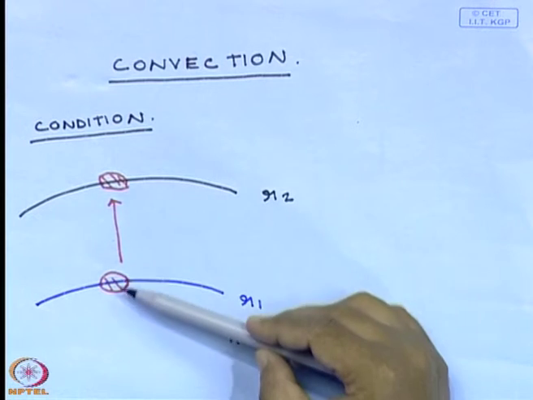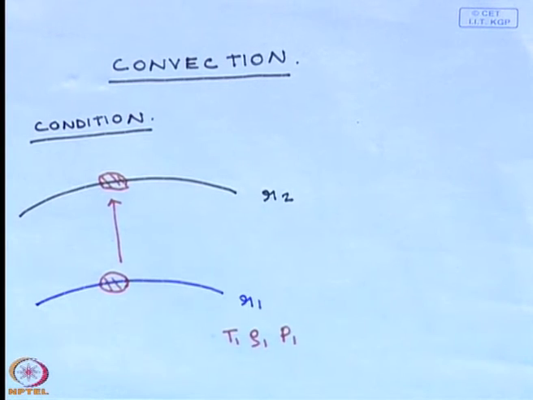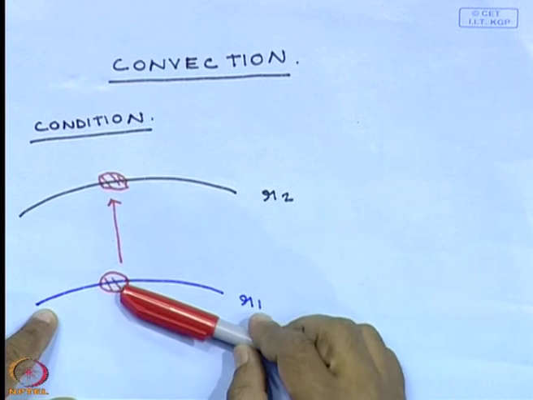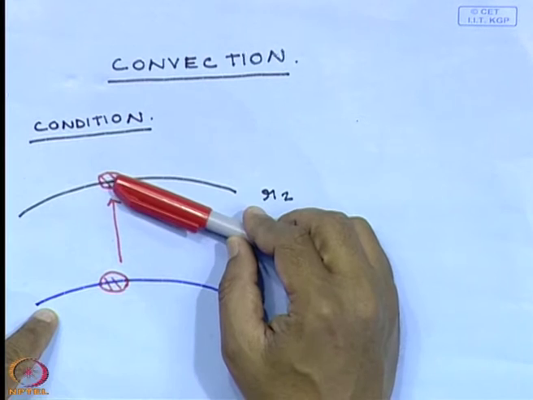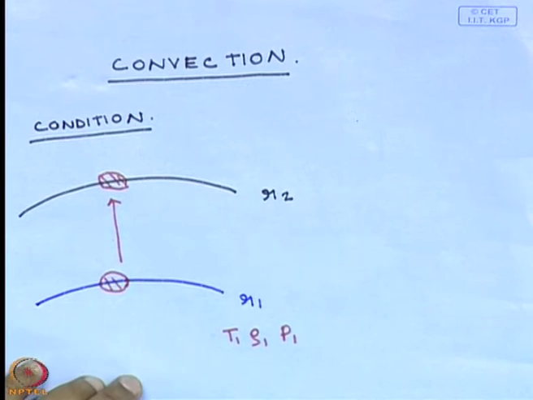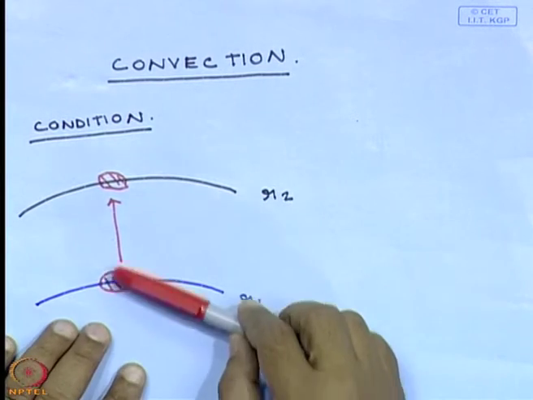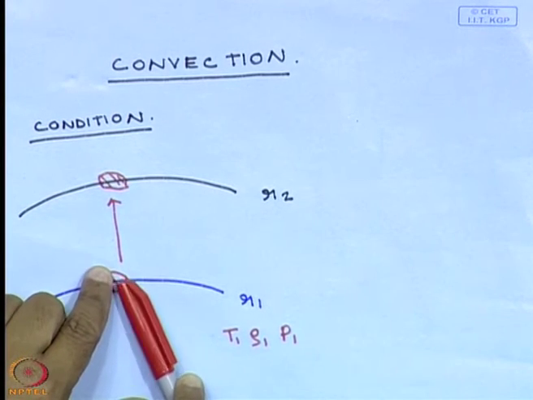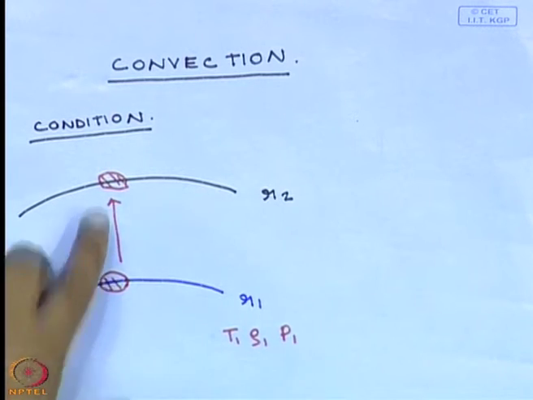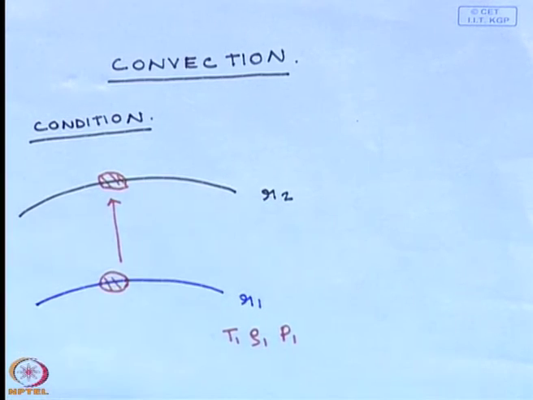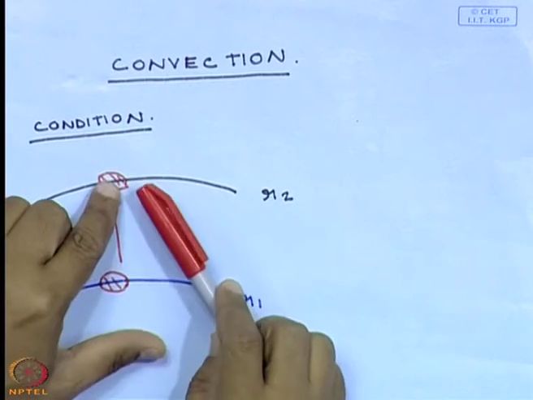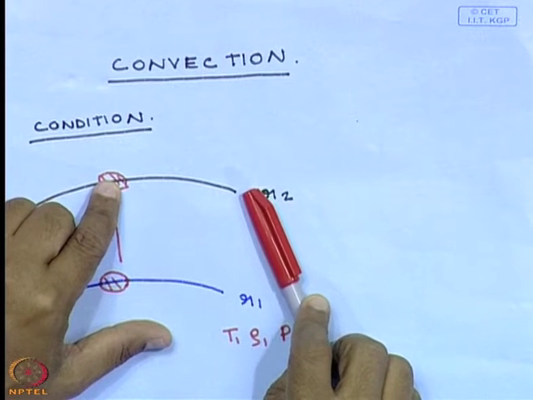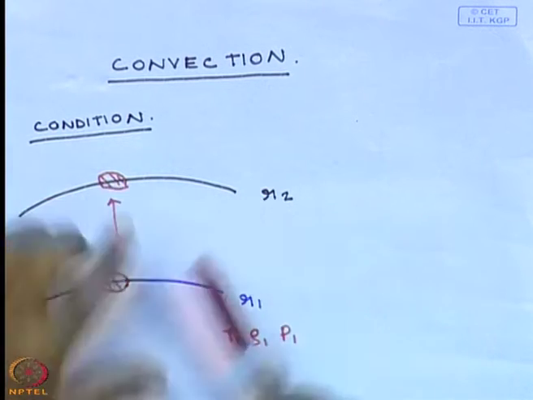Now, it gets disturbed to another position which is slightly above. We know that the temperature falls as you go outwards, as the height increases. So, when the bubble moves from here to here, it moves to a cooler region, where the temperature outside is lower.